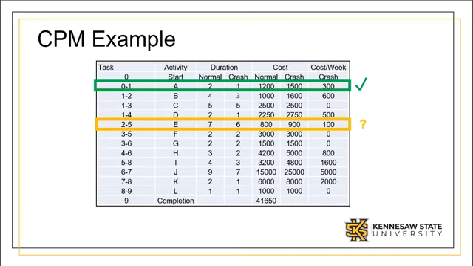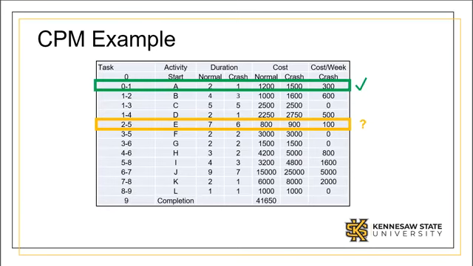The table above shows crash duration and cost for each activity. The time to do the project normally is 21 weeks. The total cost to complete the project is $41,650. Recall that is A, C, G, J, K, L.